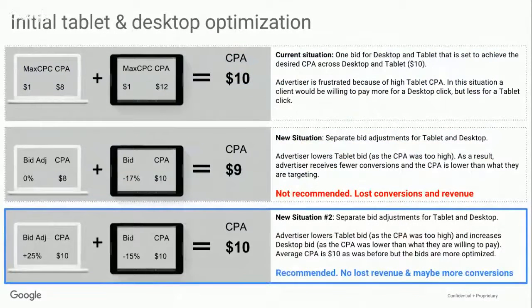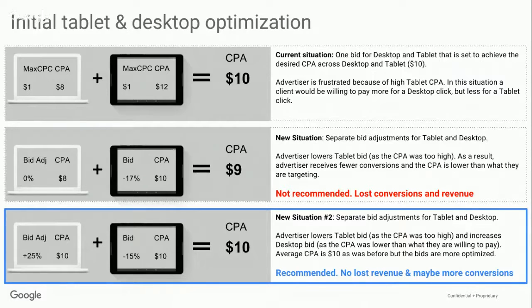So let's take the current situation, which is the top part of the slide. You currently have the same bid for desktop and tablet, set to achieve the desired CPA. So we're bidding $1 on desktop at an $8 CPA, and we're bidding $1 on tablet at a $12 CPA.